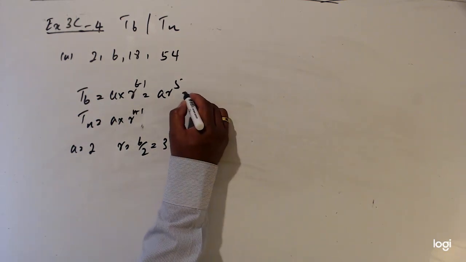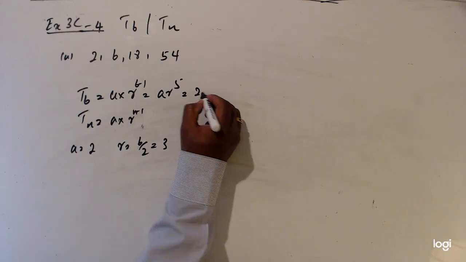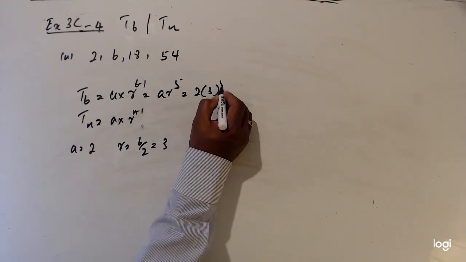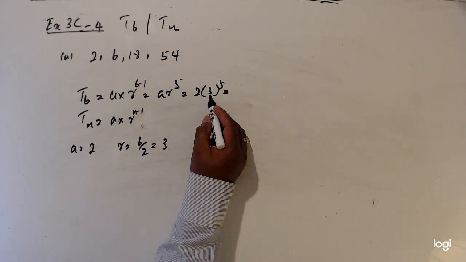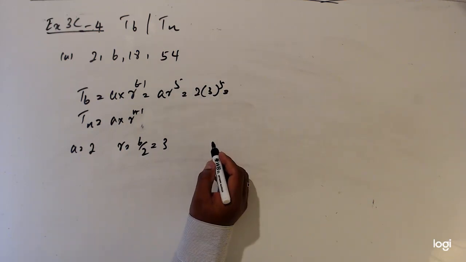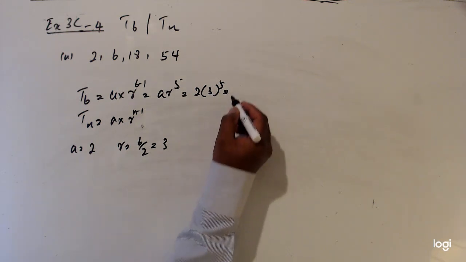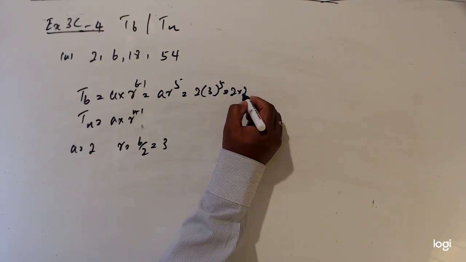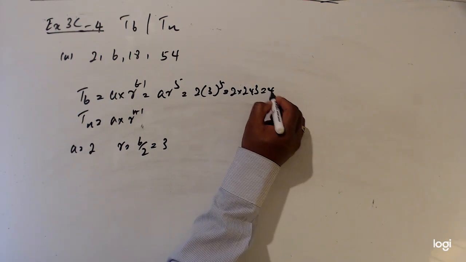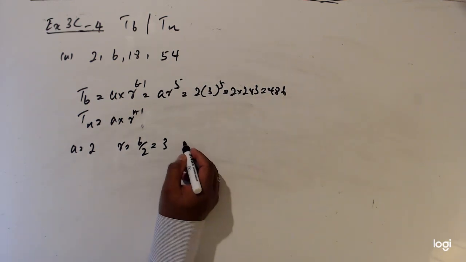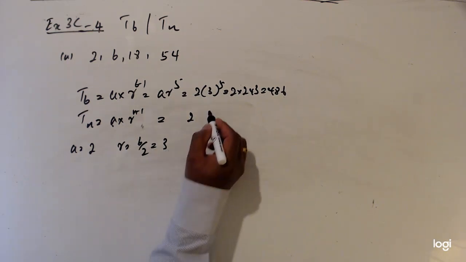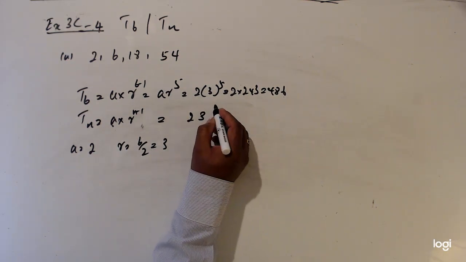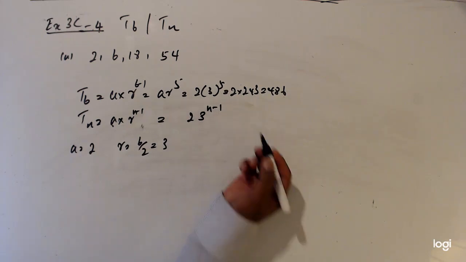Now you can substitute: 2 times 3 to the power 5, that is 486. And the nth term is 2 times 3 to the power n minus 1.